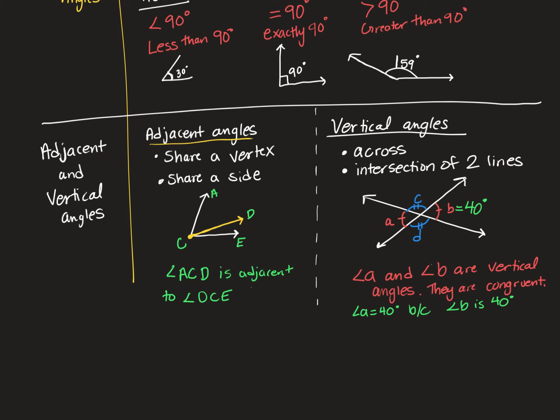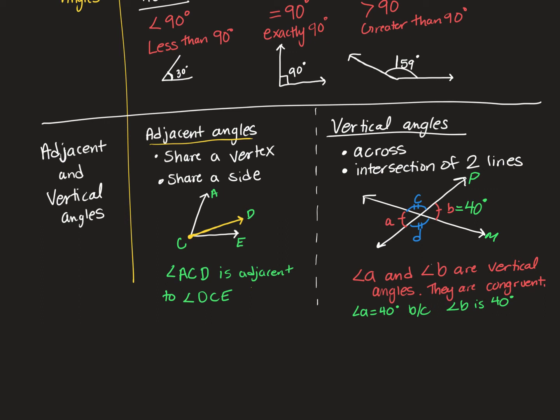Do you guys notice that this is a straight line? We're going to call that line M. And let's call this line P. So line M is 180 degrees, right? Every line is 180 degrees.